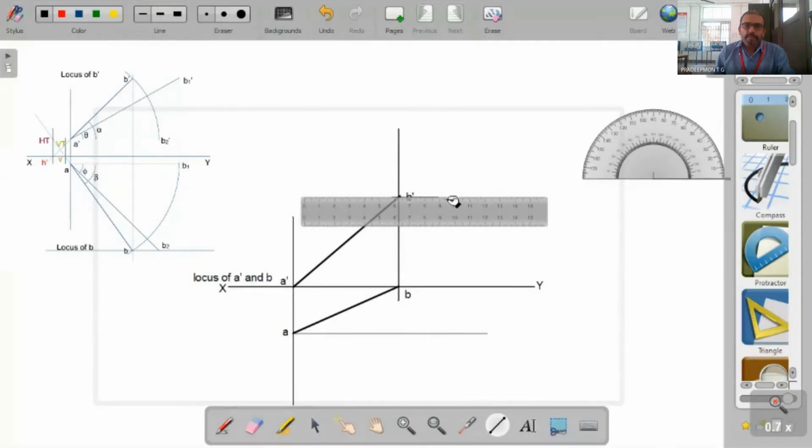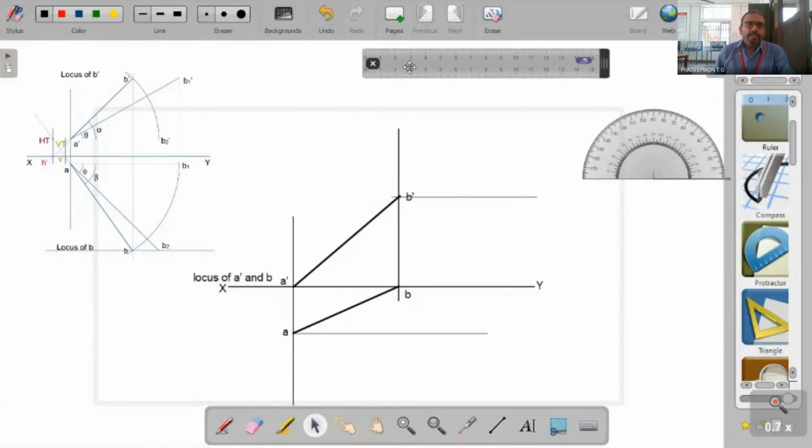So this is the locus of B dash. These lines can be obtained using this base figure.